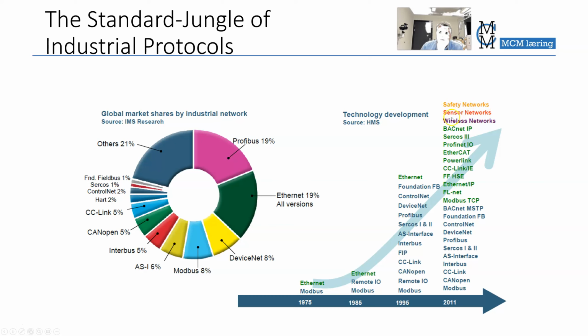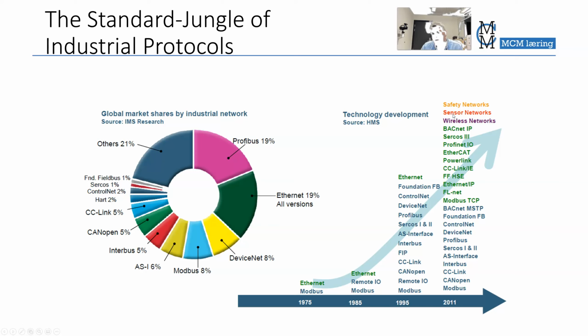So we see more specialized systems, while in office computing, we simply have Ethernet and wireless Ethernet. Copper, fiber, wireless, but they are all Ethernet based. While in the industry, we have a jungle of many, many more.